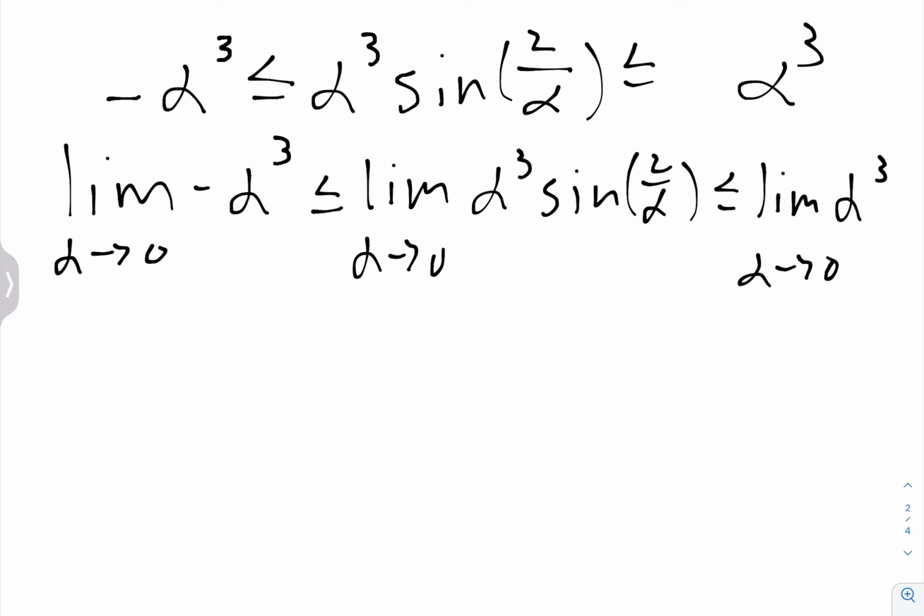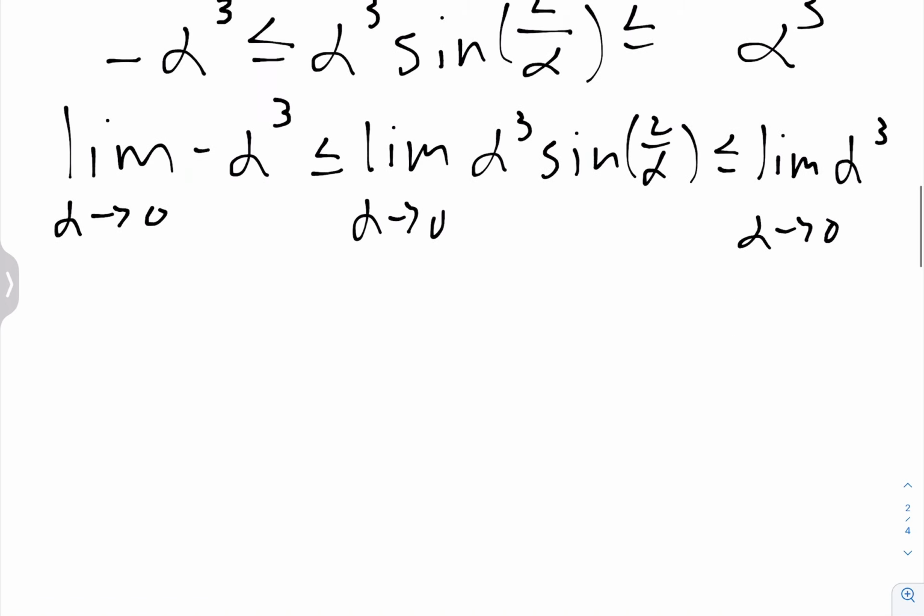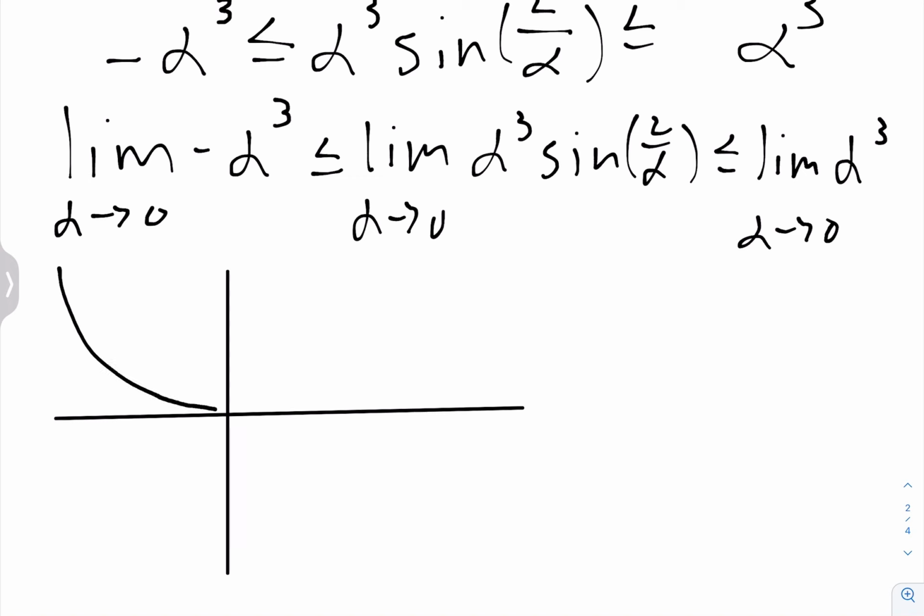But we broke it down into sections where we know what the graph of alpha cubed looks like. It's just like x cubed. So if we have negative alpha cubed, that graph's just going to look like this. It's going to start high and come down, so this is kind of like the flipped version of x cubed. And positive alpha cubed is going to look like this.